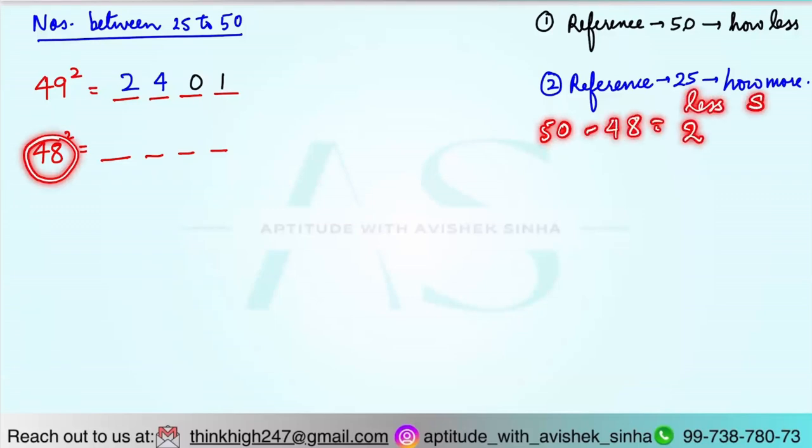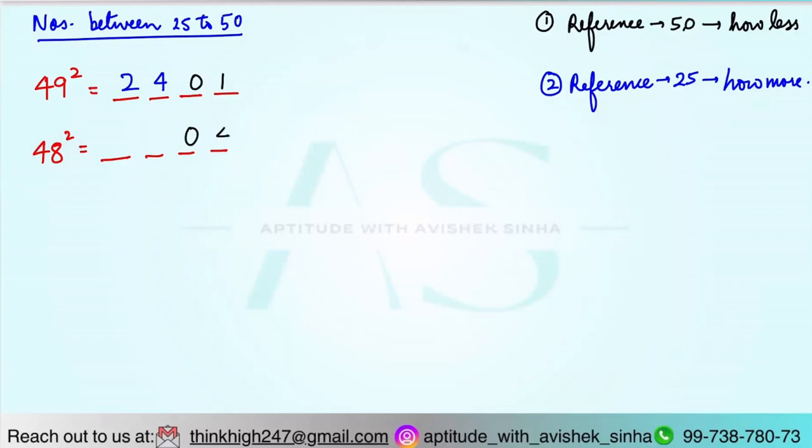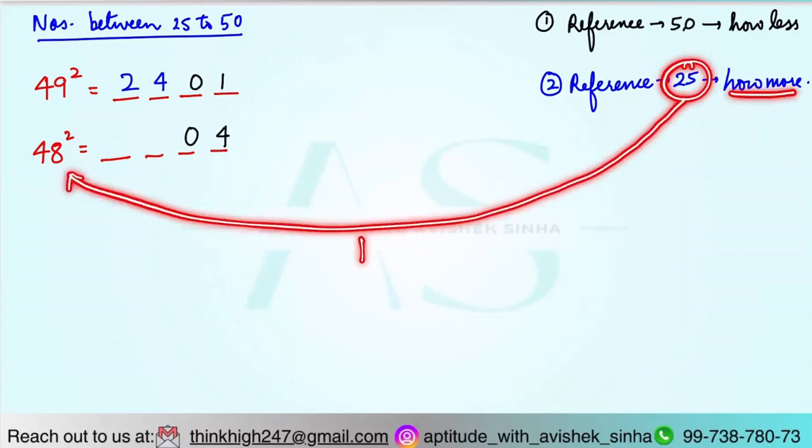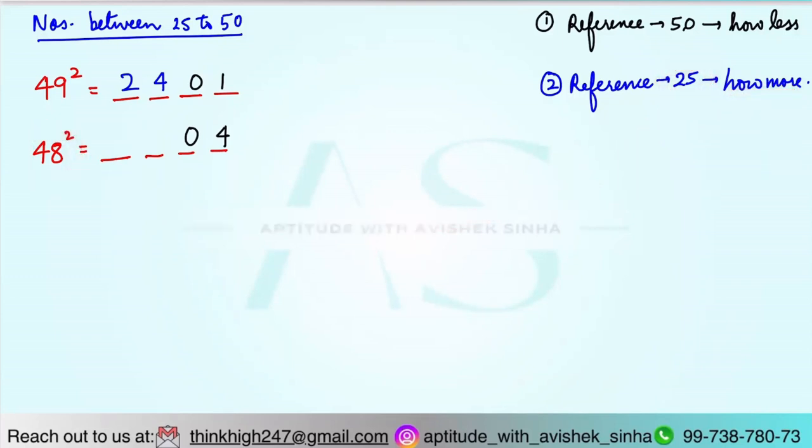And what is the square of 2? 4. So you'll write it as 0, 4. So this becomes 0, 4. And for reference number 2, how much more than 25 is it? So 25 plus 23 is 48. So you write here 23.